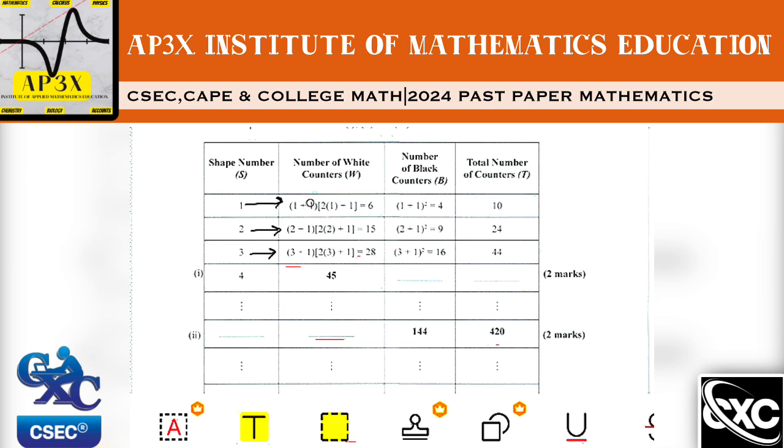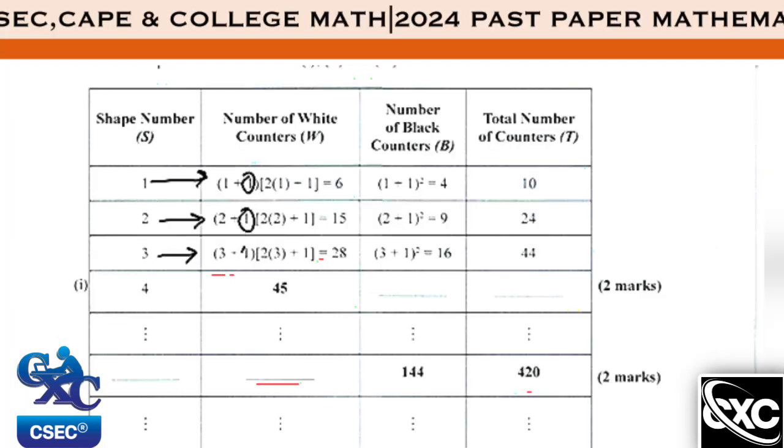I also see that this 1 is repeating itself, and this 2 is also repeating. And then we have this 1, 2, and 3, which represents the shape numbers S. So S seems to be in this column of numbers coming down here, and S again seems to be coming down in this column here.